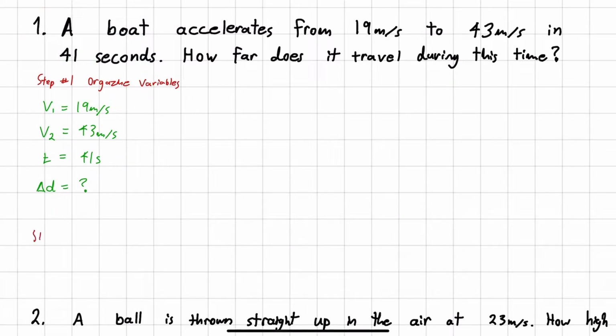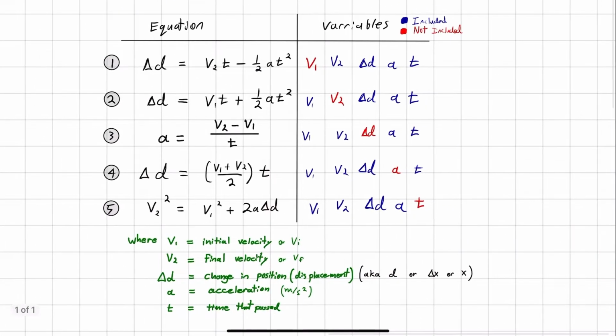Step two, now that we have organized our variables, the next step is to determine which equation to use. Now let's go back to our list over here of possible equations and keep in mind that we have four variables in this problem: V1, V2, a time, and a displacement.